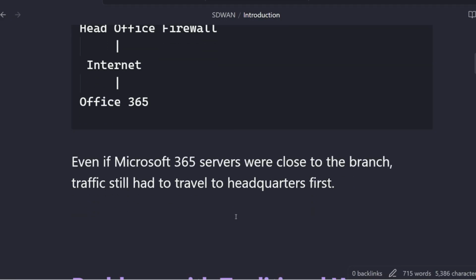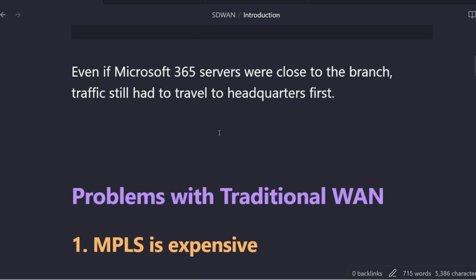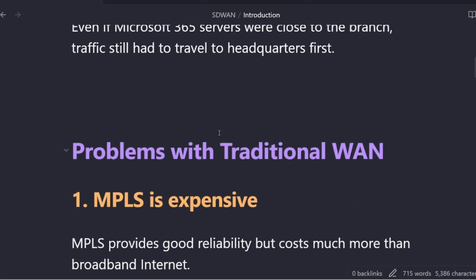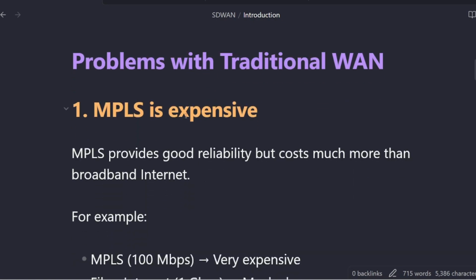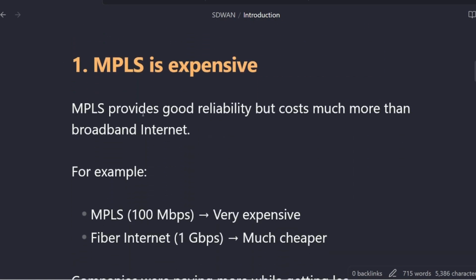Now let's understand some more problems with traditional WANs. Traditional WANs mostly used MPLS, and MPLS is very expensive, guys. MPLS provides good reliability, but costs much more than broadband internet.